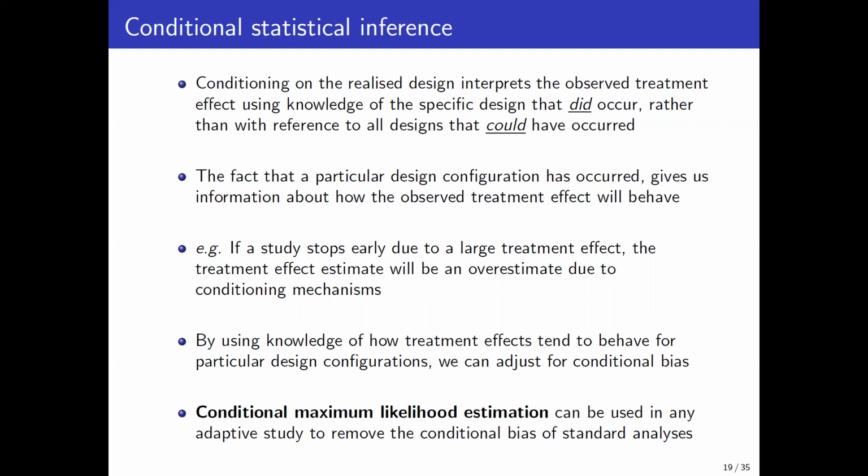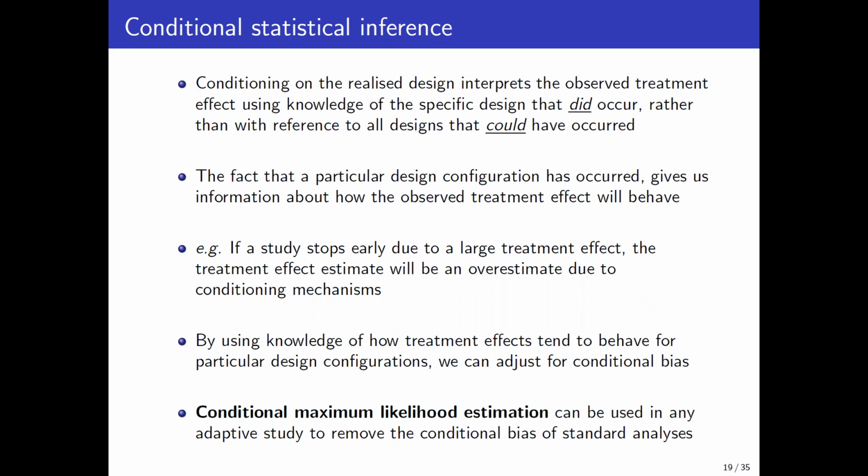And that's a feature of conditional inference more generally, that it makes the inference more relevant to the particular design that we have. The fact that a particular design configuration has occurred, so for example, the fact that we stopped early due to a large treatment effect in a group sequential study, contains information about how we expect that treatment effect estimate to behave.